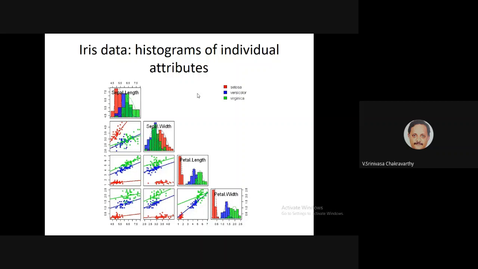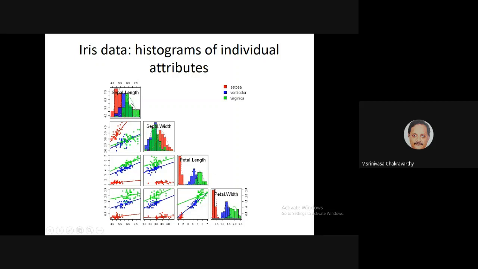Since there are 4 attributes, for each attribute and for each flower you can have a separate histogram. For each flower there are 50 example data and 4 dimensions. In this picture there's a bunch of squares, like a lower triangular matrix. Now look at only the diagonal squares.